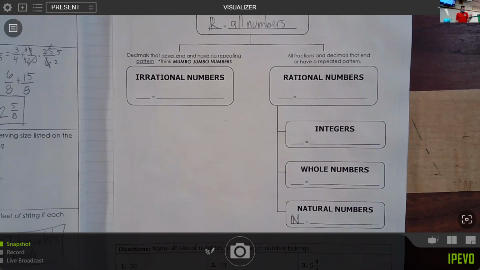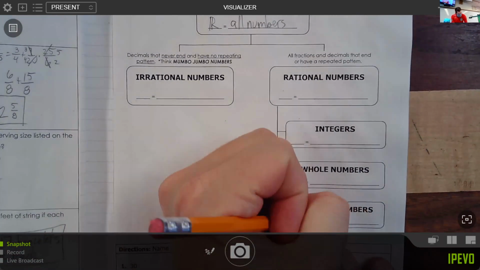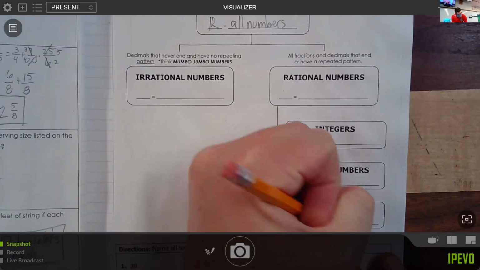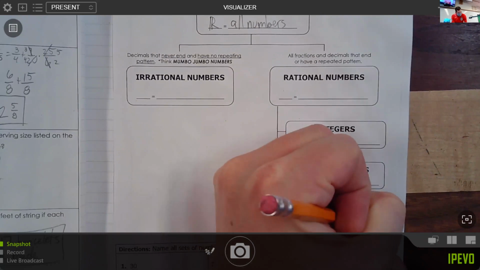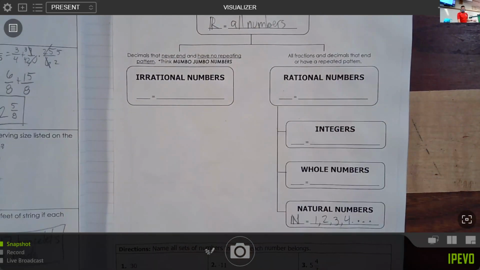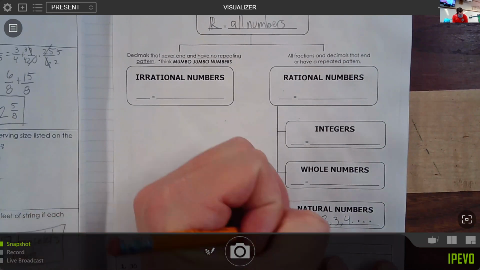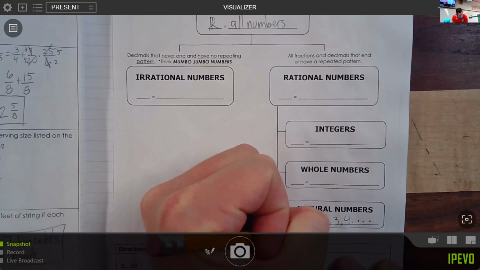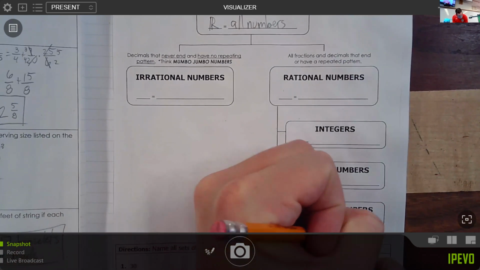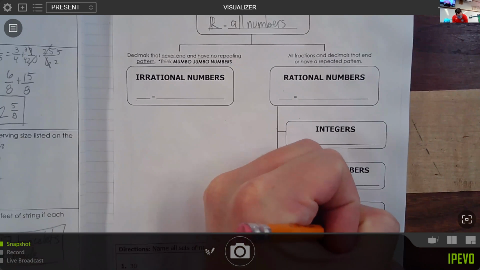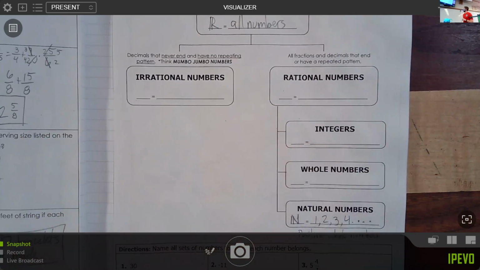So the natural numbers are 1, 2, 3, 4, and so forth. They are positive whole numbers. So natural numbers, I'm just going to write this underneath here, positive whole numbers. Those are the natural numbers.